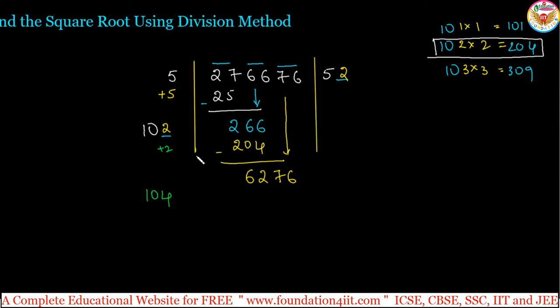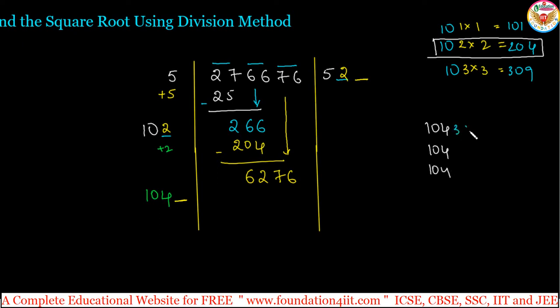So after getting 104, now see the rough work here. This is 6276. Here these two places must be the same. I am keeping the same color. These two places should be the same. That means 104 is fixed. This 104 must be fixed, and next place.